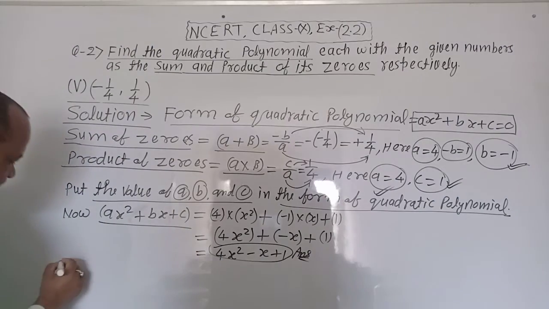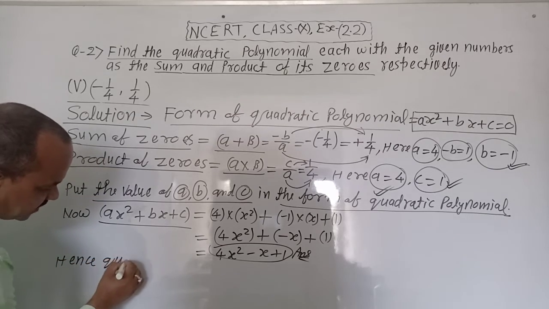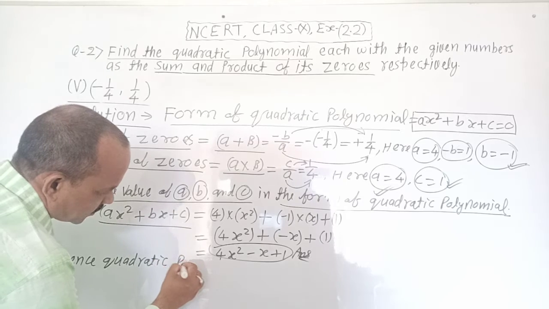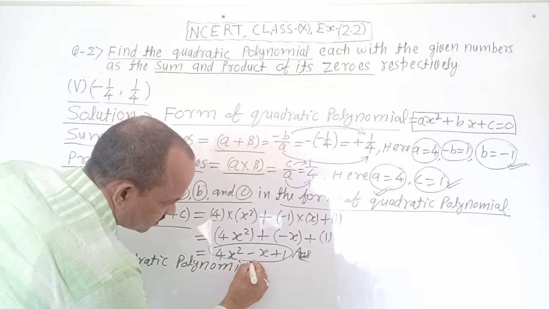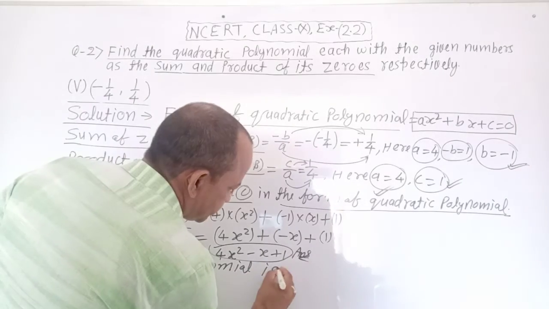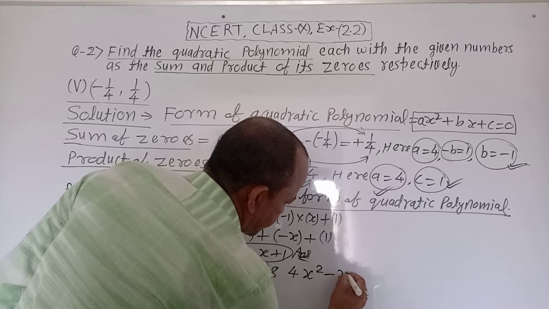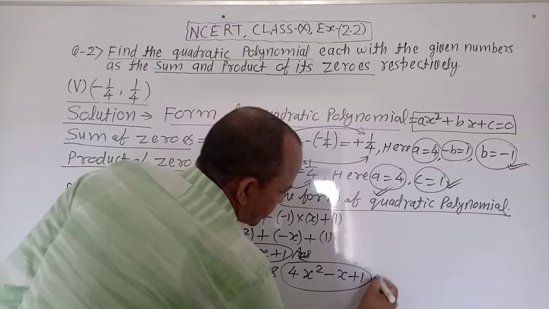Hence, the quadratic polynomial is 4x square minus x plus 1. Answer.